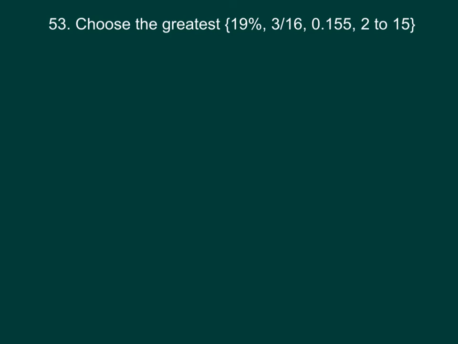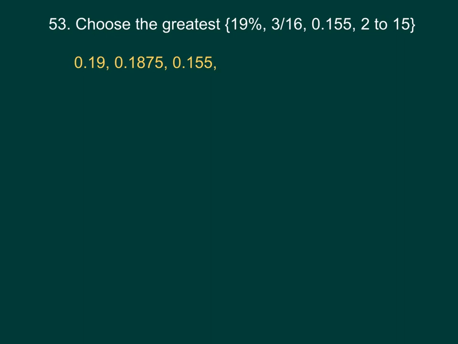Number 53 is just like number 51. I'm going to divide in order to convert everything into decimal form. So 19% is just 19 divided by 100. Well, we figured out that that is just 0.19. If I plug 3/16 into my calculator, I get 0.1875. 0.155 is just the same in decimal.